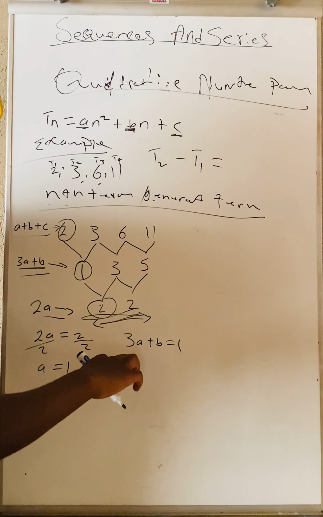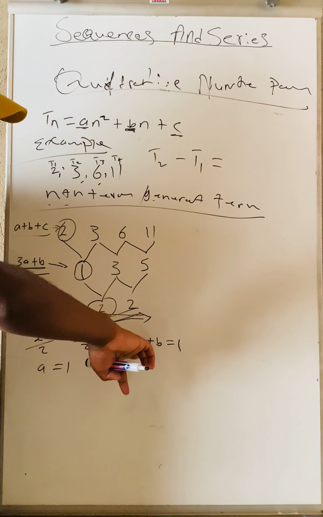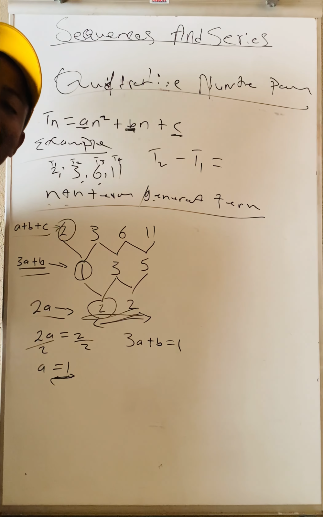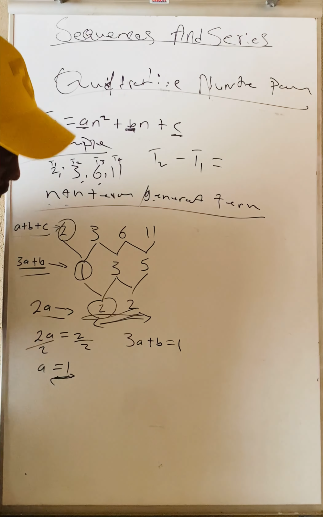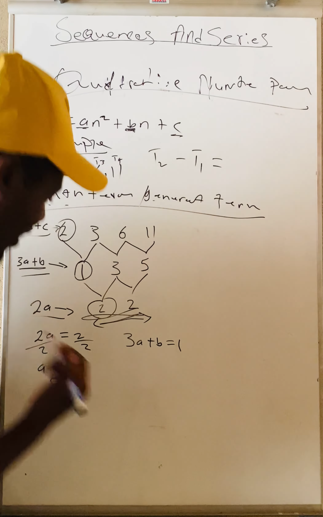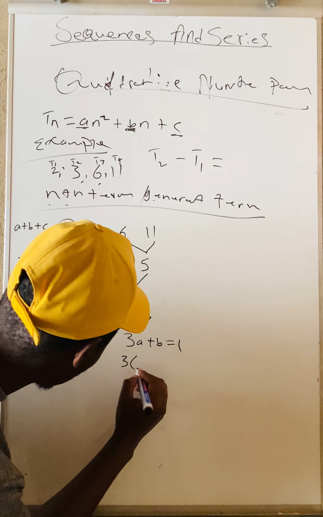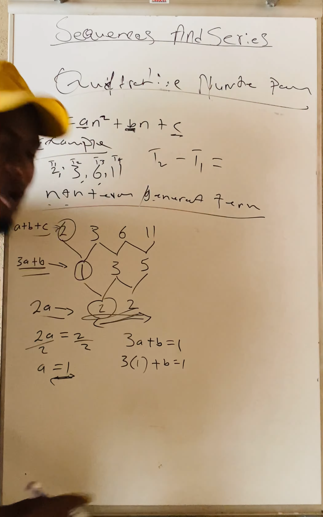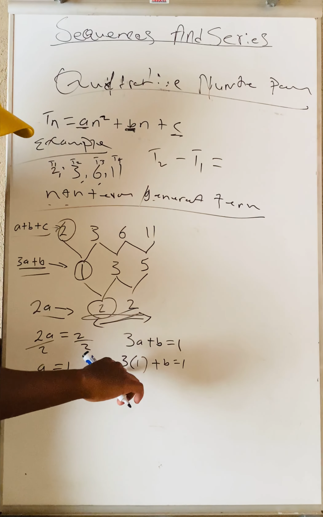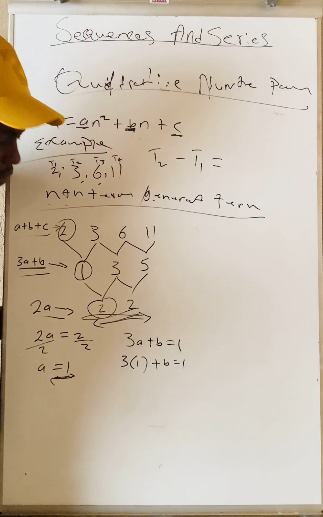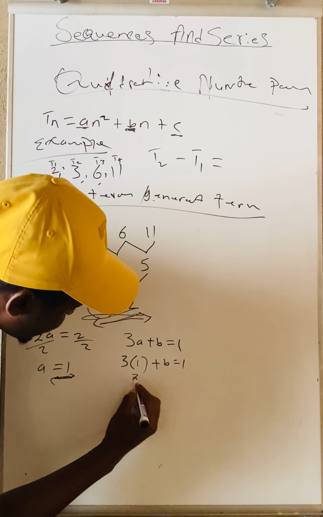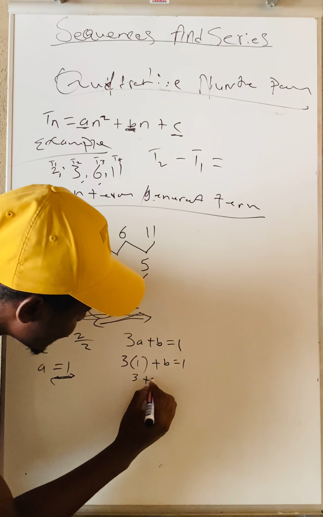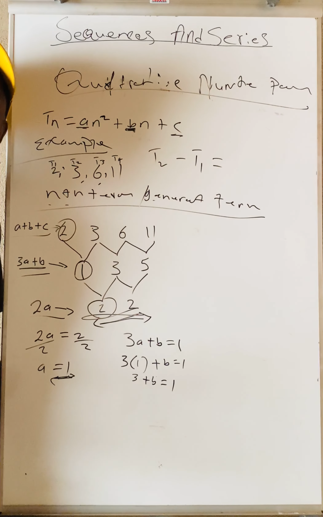Remember, we already determined the value of A, which is 1, so we substitute. 3 multiplied by 1 is just 3, so you write 3 plus B is equal to 1.